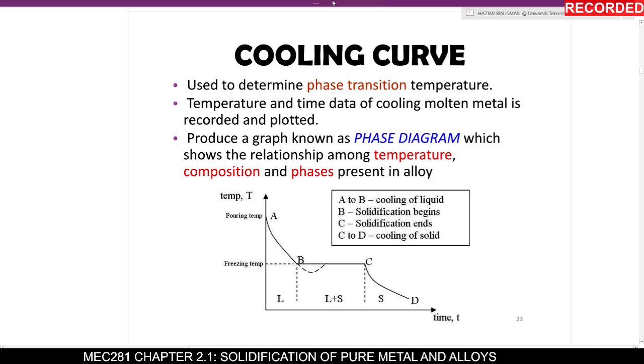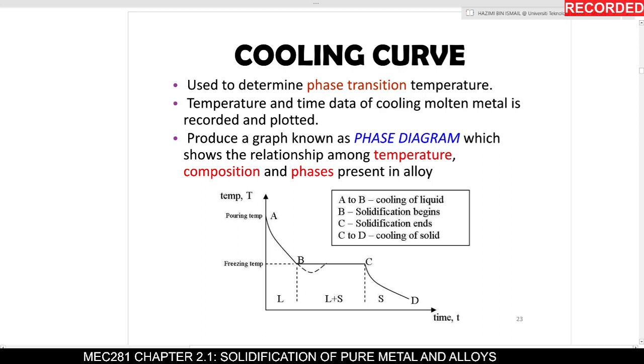Okay, now the cooling curve. The cooling curve is used to determine phase transition temperature. Phase transition means change of phase, from liquid to solid or solid to liquid. In this case we learn about solution, liquid to solid. Temperature and time data of cooling molten metal is recorded and plotted.